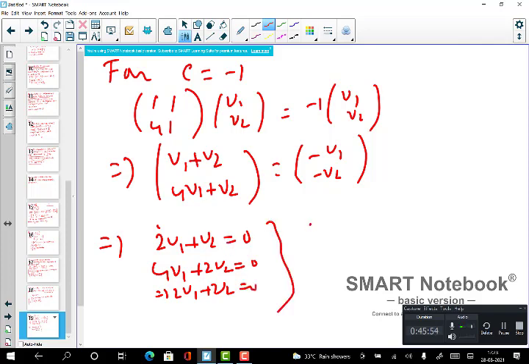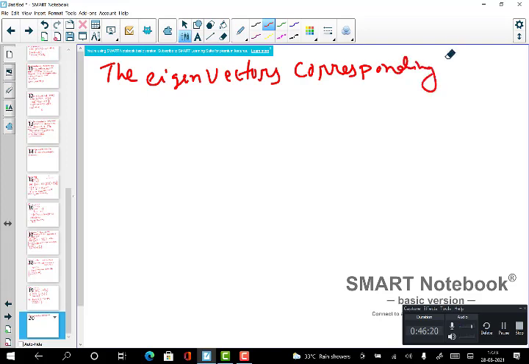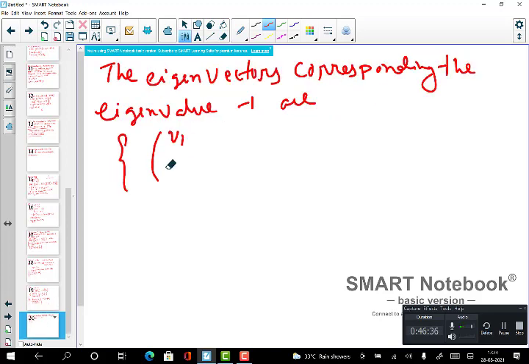Hence v2 equals -2v1, right? And hence for eigenvalue -1, the eigenvectors are of the form v1, -2v1, such that v1 is not equal to 0.